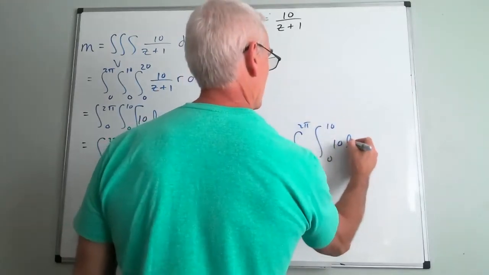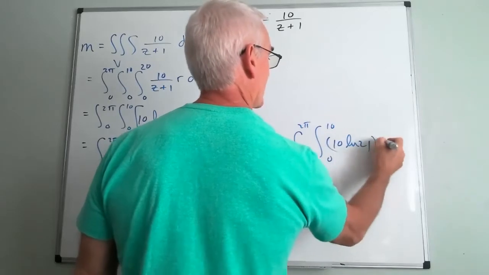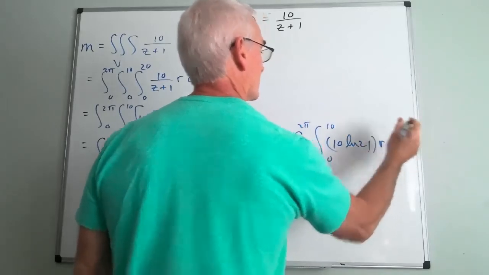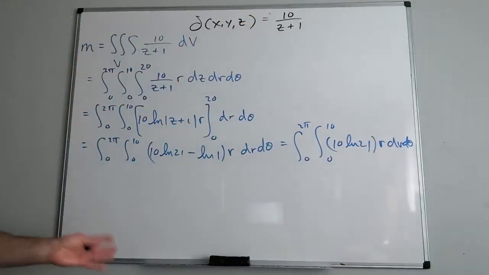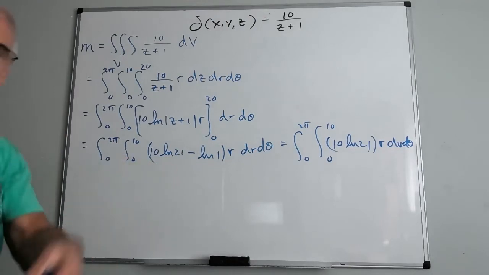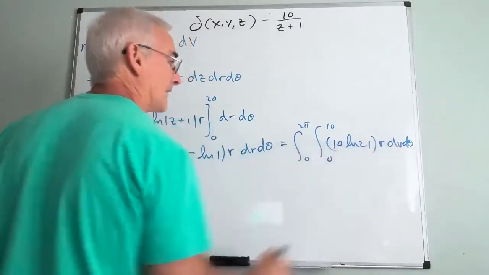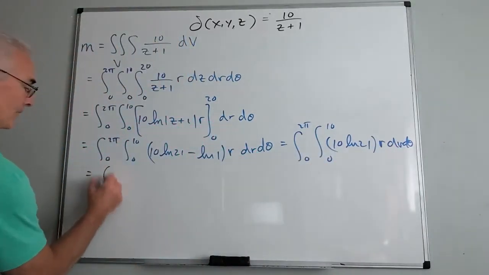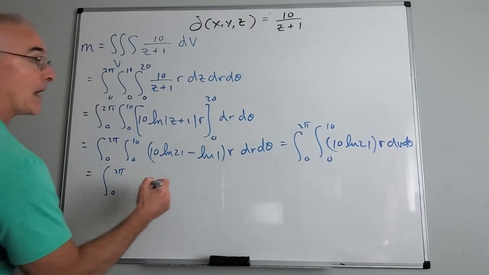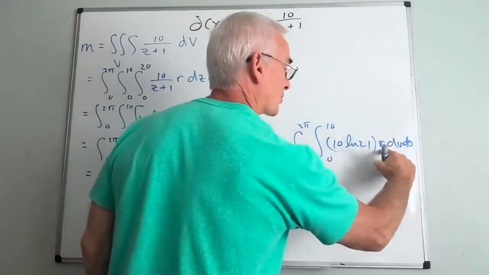So I have 10 log 21 r dr d theta. Okay, 10 log 21 is just a constant. It's going to show up in the final answer as a multiplier. So don't be intimidated. Yeah, it might be ugly, but that's what it is. So I'm now going to have 1/2 r squared.